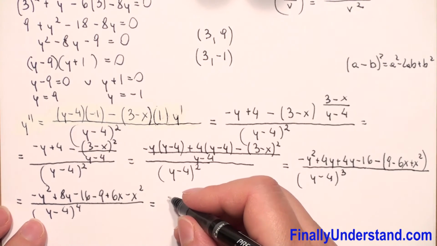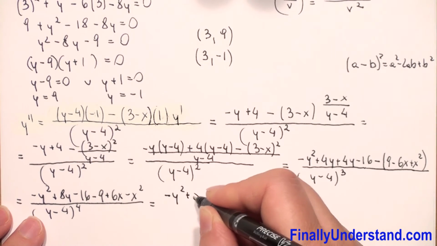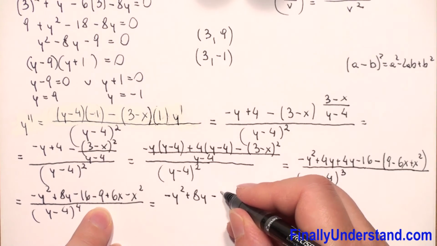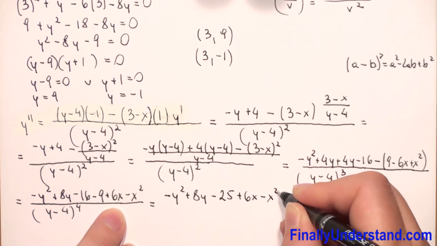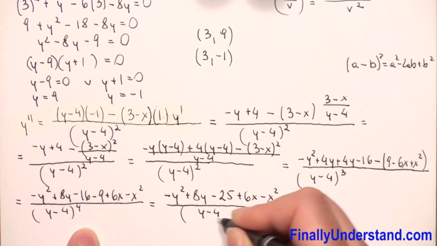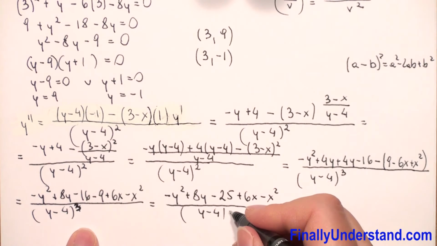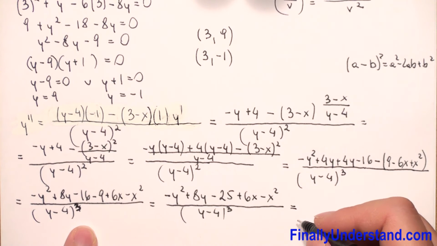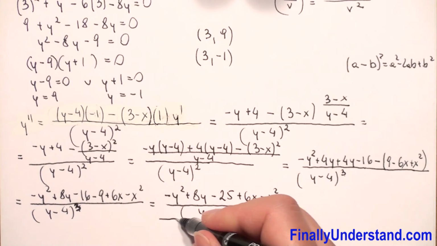So combine like terms, it will be -y^2 + 8y, -16 - 9 is -25, plus 6x - x^2 over (y - 4)^3. I just have to replace this 4 by 3, because we have 3 at the beginning. So this is our second derivative.